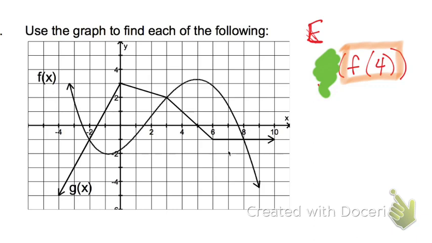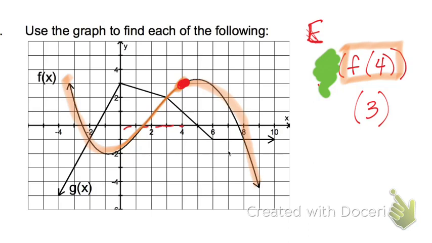Cover up the G. F of 4 is when I go to my graph, and I go over to 4, and I go to my F graph, which is this one, and my point is at 3. So are we okay with saying that F of 4 equals 3? So I'm just going to replace it. F of 4 goes away, and I replace it with a 3.